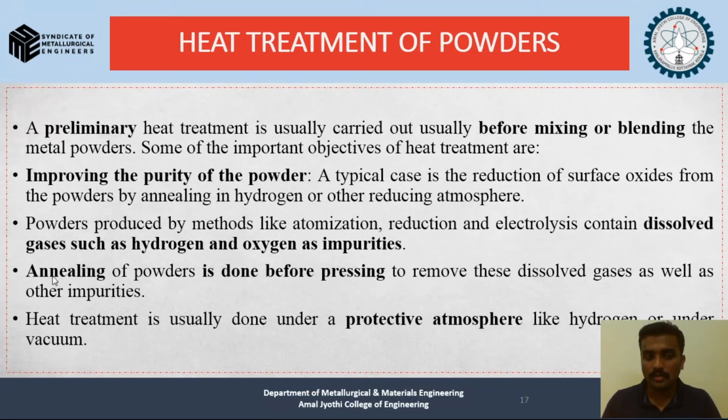Annealing of powder is normally done before pressing, in order to remove dissolved gases and other impurities. From this concept, we conclude that all heat treatment processes should be done under a protective atmosphere like hydrogen or under vacuum. This will ensure that the final powder we get is of high purity.